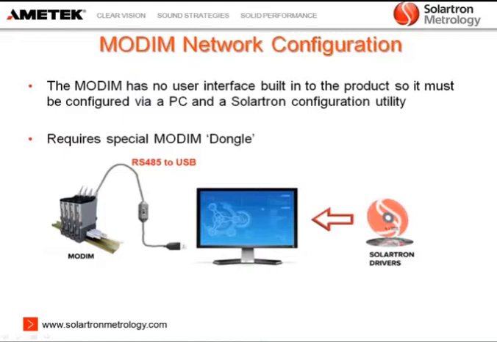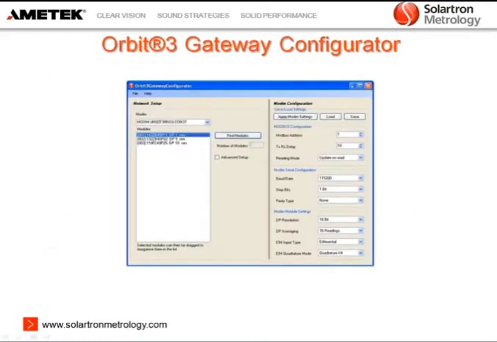So the first thing you do is you install the Solartron drivers onto your PC, you get the utility running, then you connect the special cable to your PC, and then you can start using the utility to set up the Orbit and the MODIM network so that it can be used with the PLC later on. So in this slide, you can see how the utility is being used.